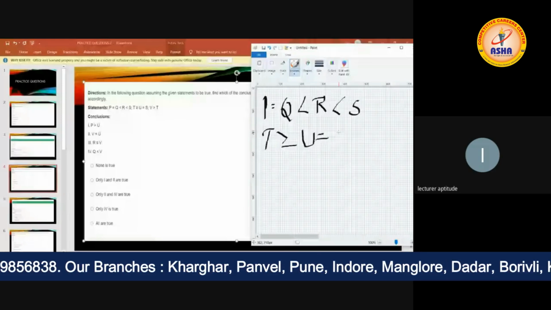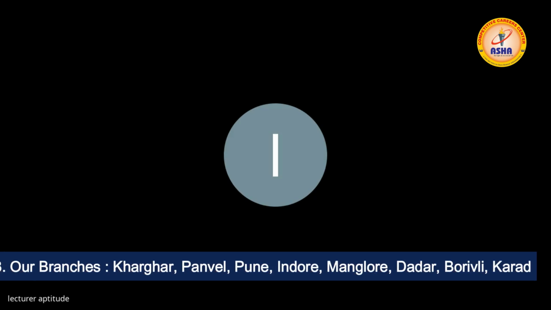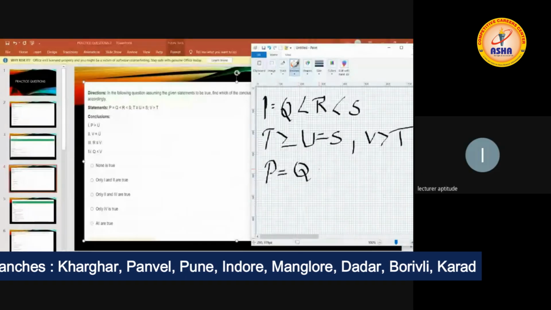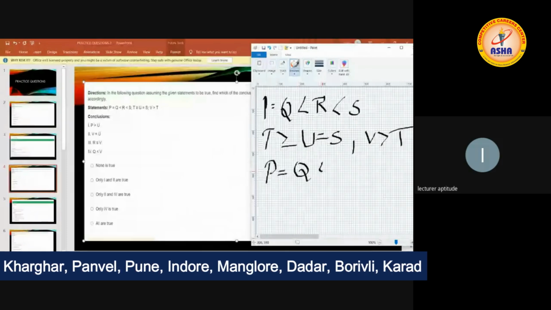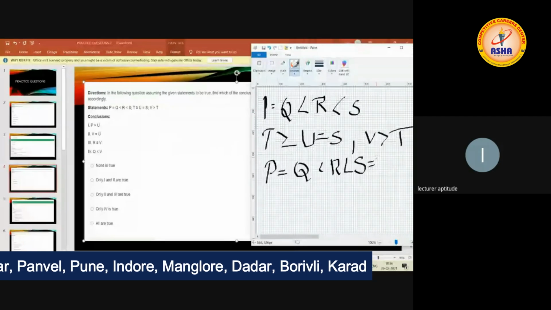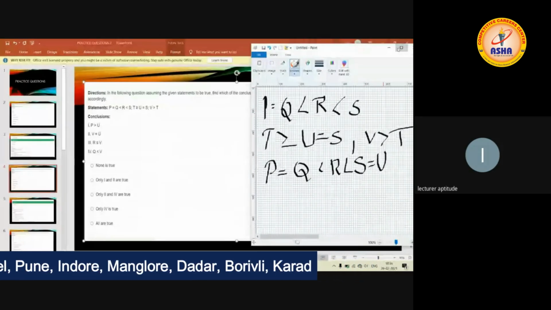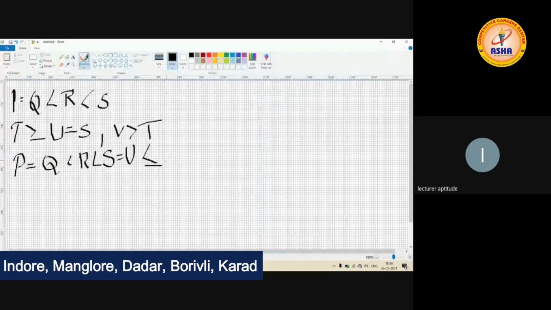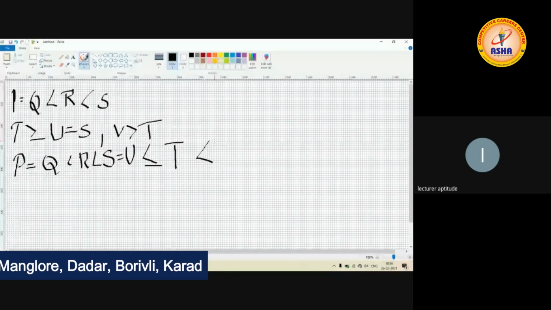We can write it like this: P = Q < R < S, and there is an S in both, so we can write S = U. U is less than or equal to T, and T is less than V. Okay, you got this combined relation.